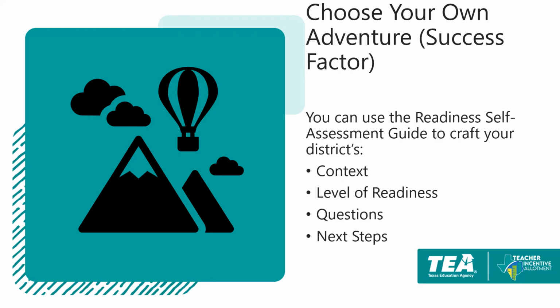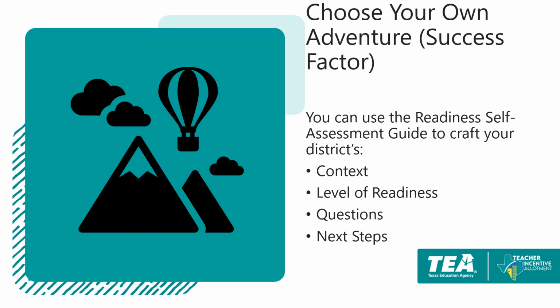Now that we have provided two examples on how to craft a district context, level of readiness, questions, and next steps, you can take some time to use the Readiness Self-Assessment Guide to do this for your district.